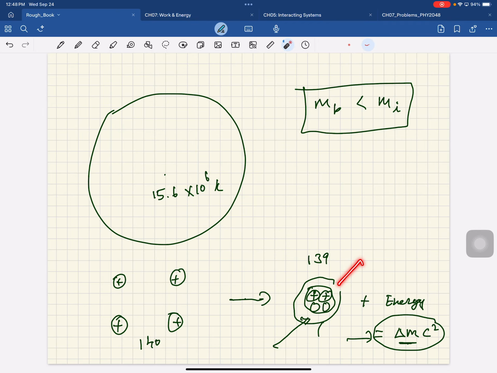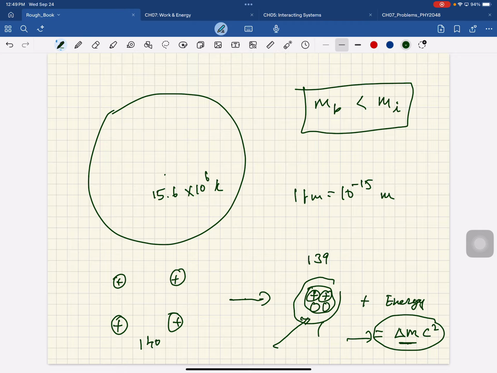For you to make this bound state, you need to come within 10 to the minus 15 meters, 1 femtometer. Okay, if you come that close, then the strong force, which is 100 times stronger than the electromagnetic force, takes over and forms the bound state.